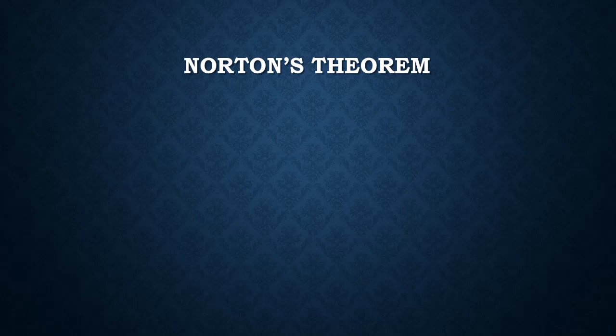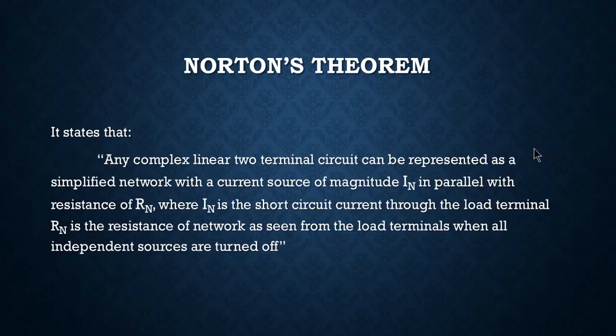So what Norton's theorem tells us is that any complex linear two-terminal circuit can be represented as a simplified network with a current source of magnitude In connected in parallel with a resistance of value Rn.